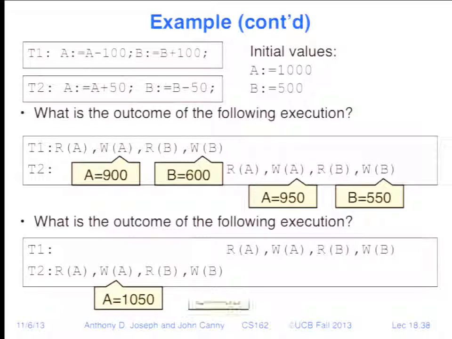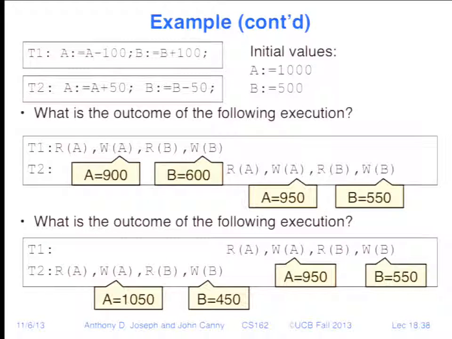This time we're adding the 50 to A, removing it from B, finally removing 100 from A and adding it to B. So the result's the same in both cases. And we've really just done 2 different orderings of the transactions. The ordering doesn't matter with these transactions. They're additive transactions, so they're commutative operations.